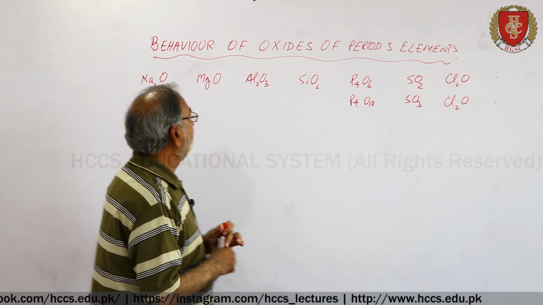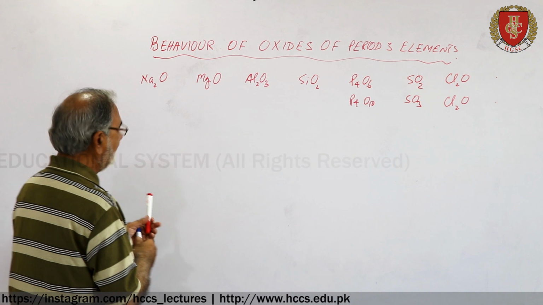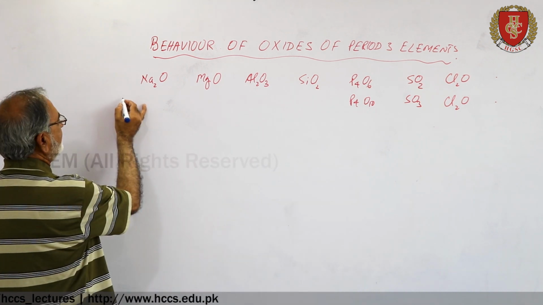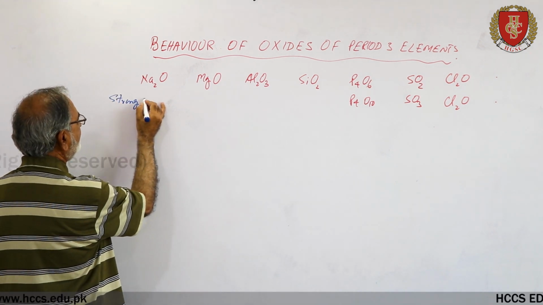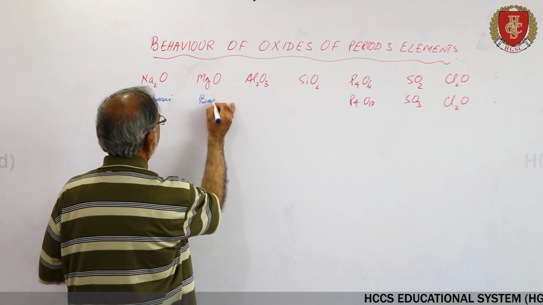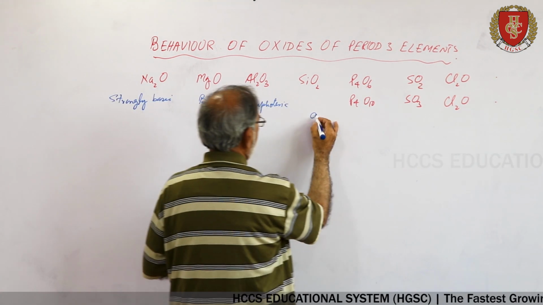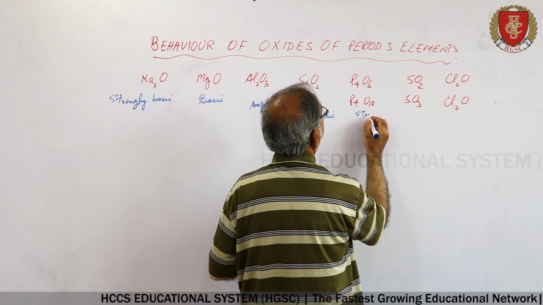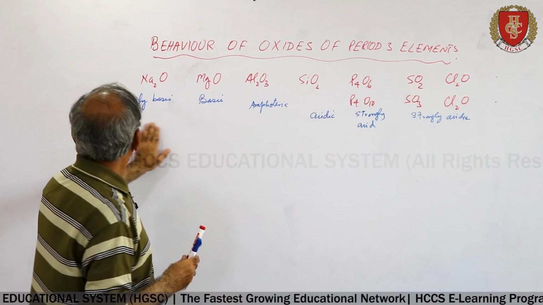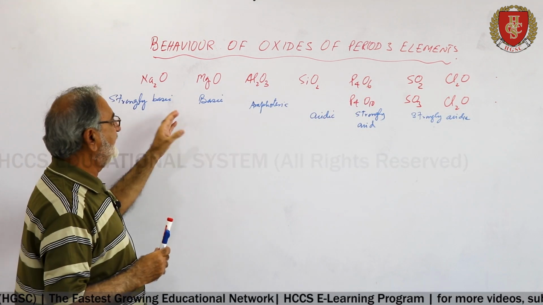These are the oxides of period 3 elements. This is strongly basic, this is basic, amphoteric, acidic, strongly acidic. So this is the behavior of the oxides.